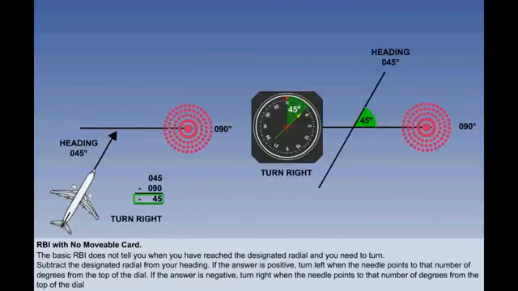If your heading now is 045 degrees, and you are to intercept the 090 degrees radial, deduct 090 from 045, which gives minus 45. So turn right when the needle is 45 degrees from the top of the dial.